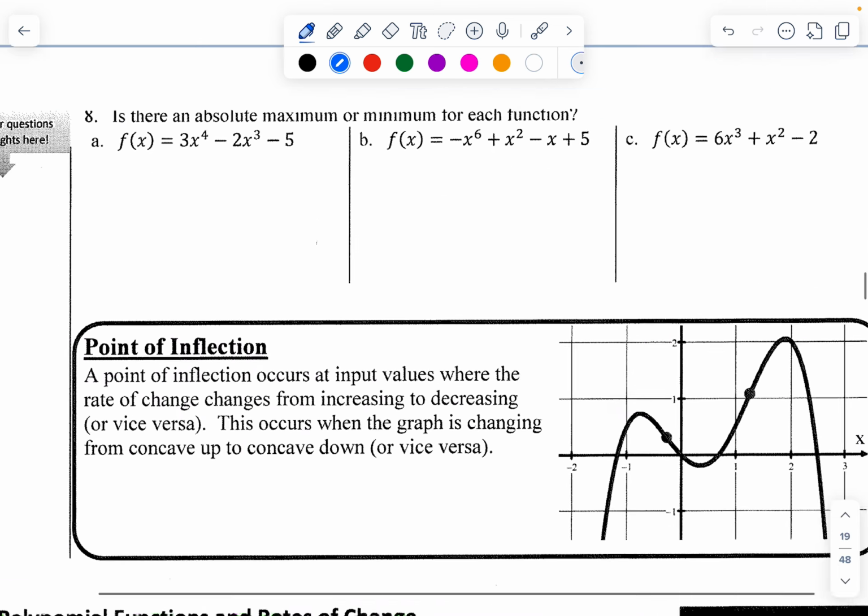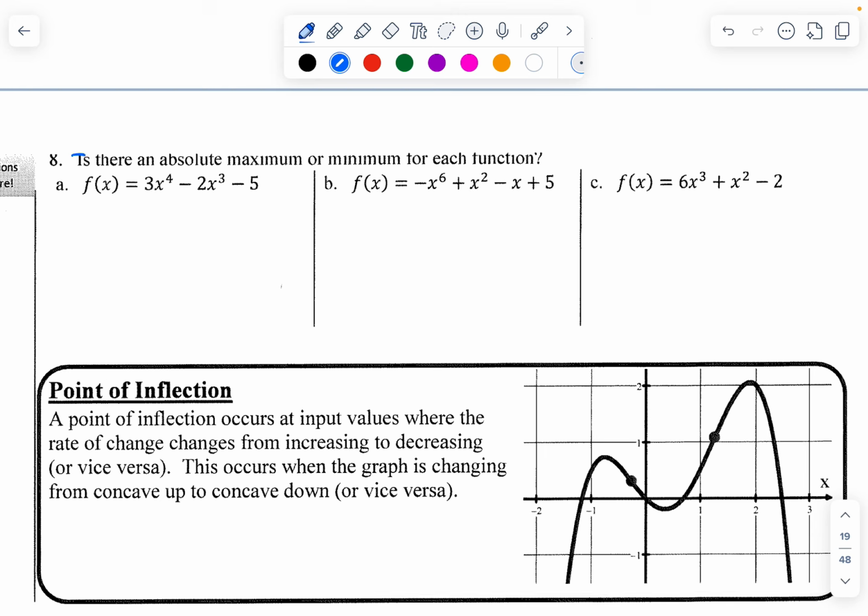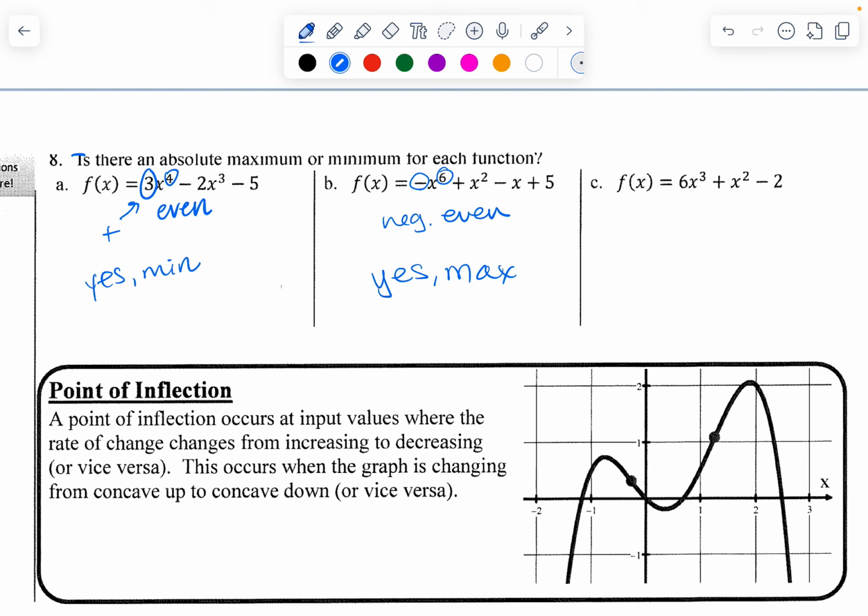Okay. Last page. Is there an absolute maximum or minimum for each function? Let's see. So we've got it positive and even degree. If it's positive and even, this tells me yes, there is a minimum. Here we have a negative and even, which also tells me yes, there has to be a maximum. Here we have a positive odd.